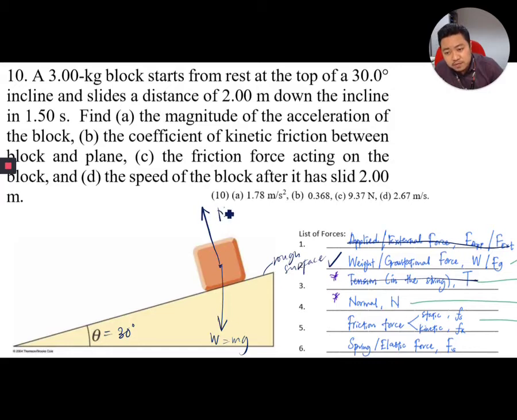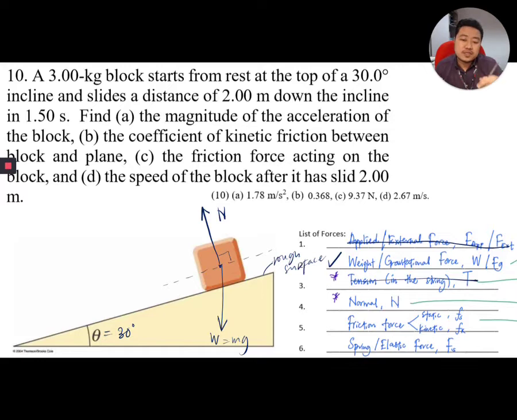So the normal force is going to be perpendicular, or 90 degrees, to the plane of the surface. This dashed line is parallel with this inclined plane, so it is going to be 90 degrees with the surface.